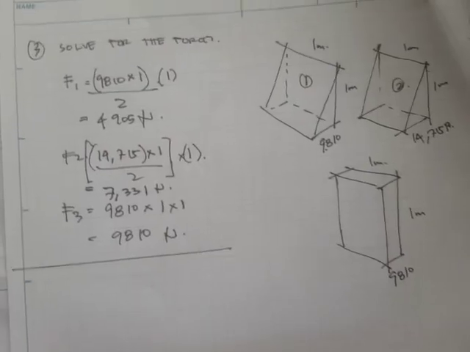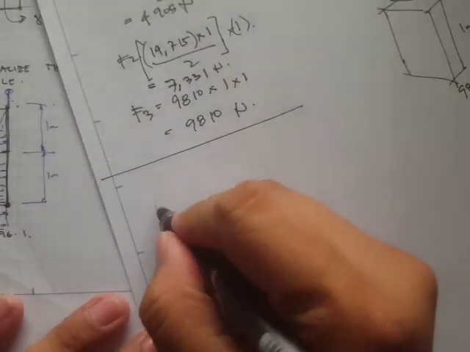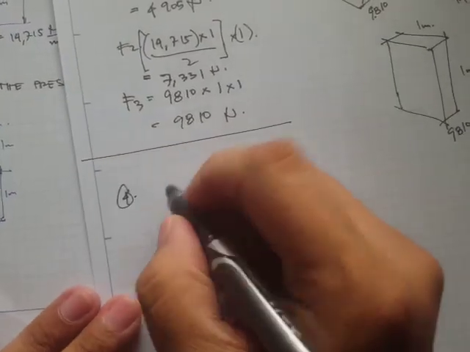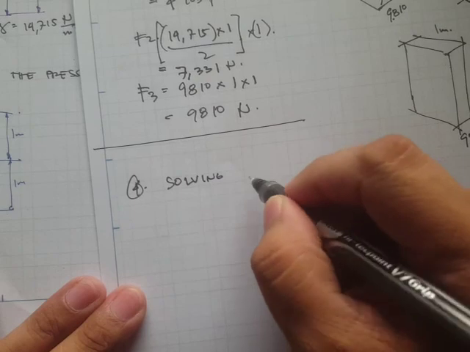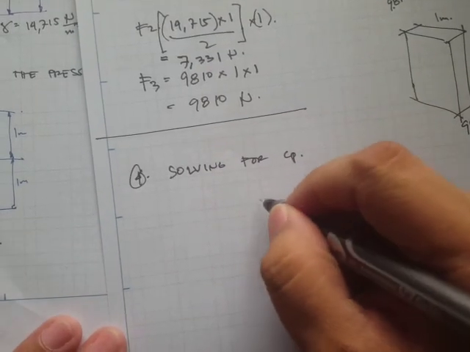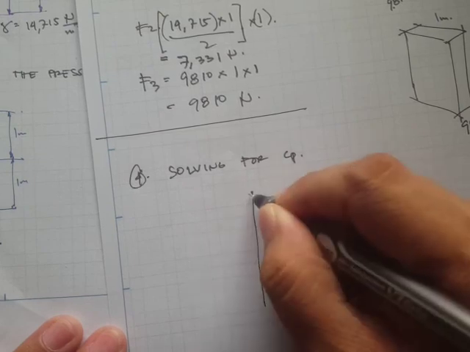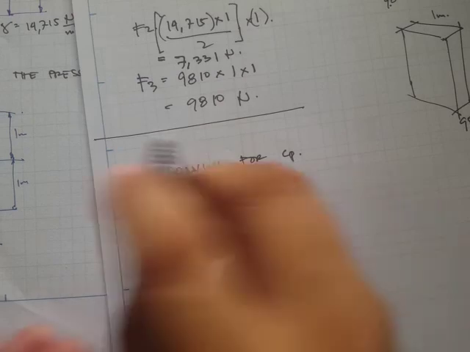And to solve for the location of that force, let's write here solving for CP. Okay, so now let us draw again the pressure profile, and we have this.